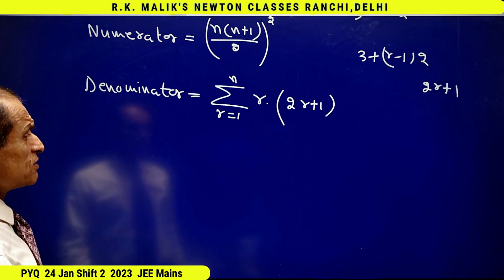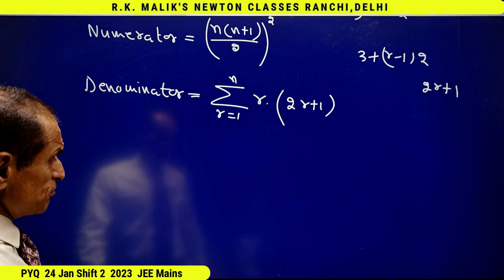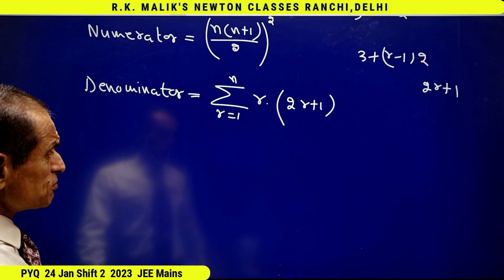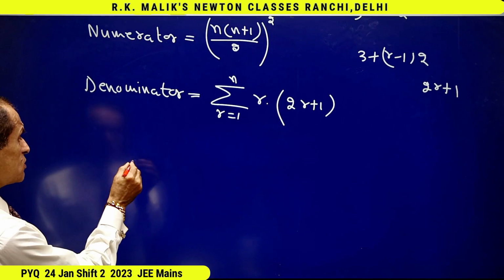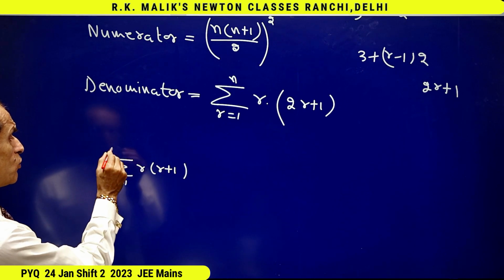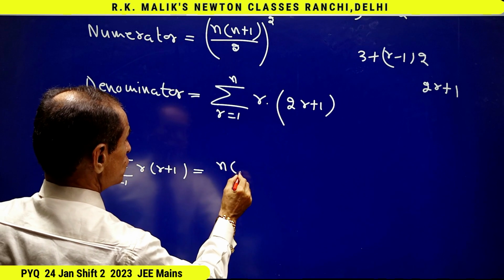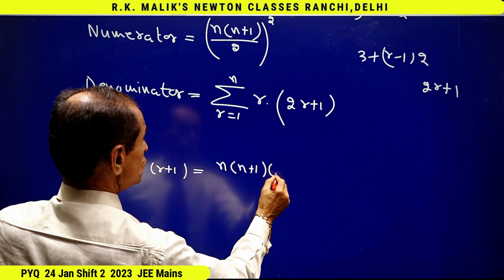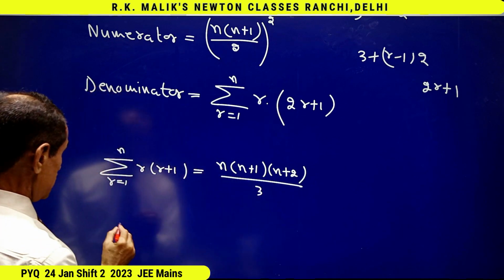better. The better way is in the sense that there is symmetry, and symmetry always makes the solution simpler. What I mean to say, suppose R into (R plus 1), R equal to 1 to n is given to you. Then the result is sure to be n into (n plus 1) into (n plus 2) by 3.